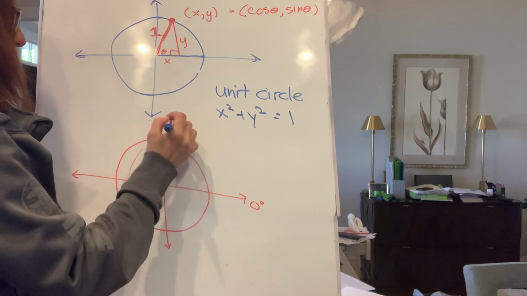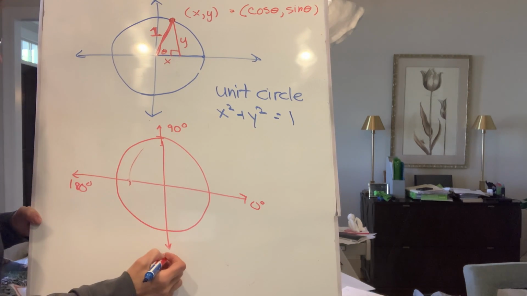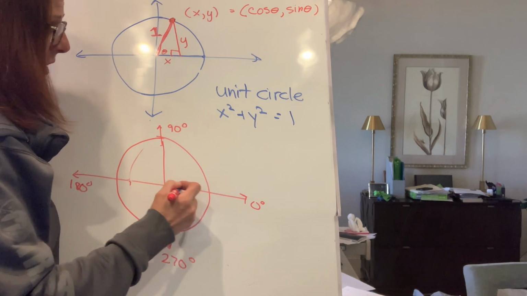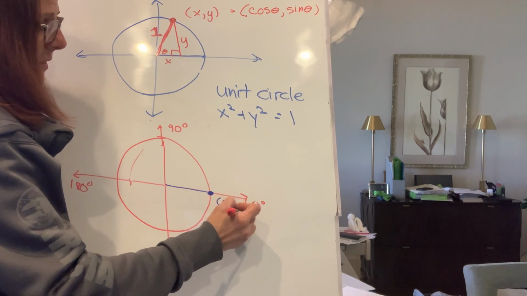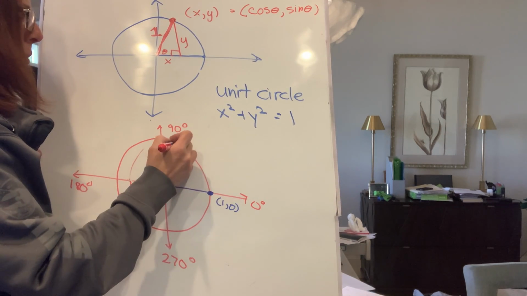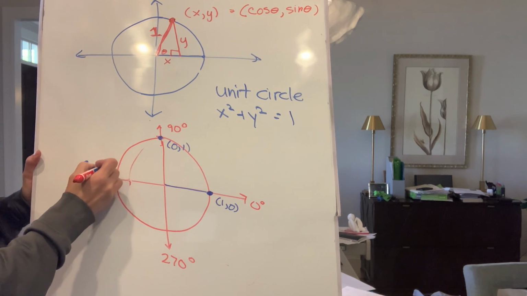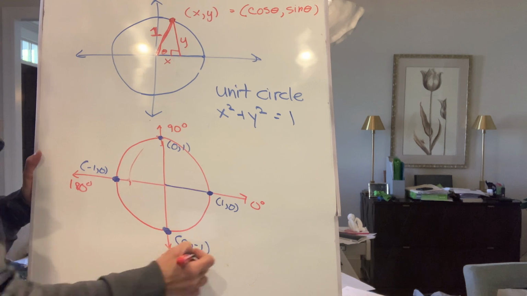So this would be 0 degrees, 90 degrees, 180 degrees, and 270 degrees. Well, we also know some points here, right? If this is a unit circle and this is radius of 1, then this is the point over 1 up 0. This is the point over 0 up 1. This is the point over -1 up 0. And this is the point over 0 down -1.